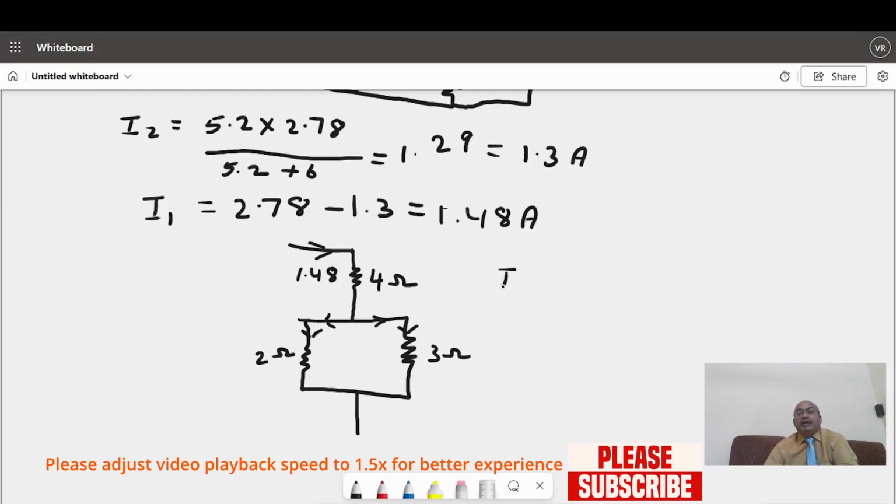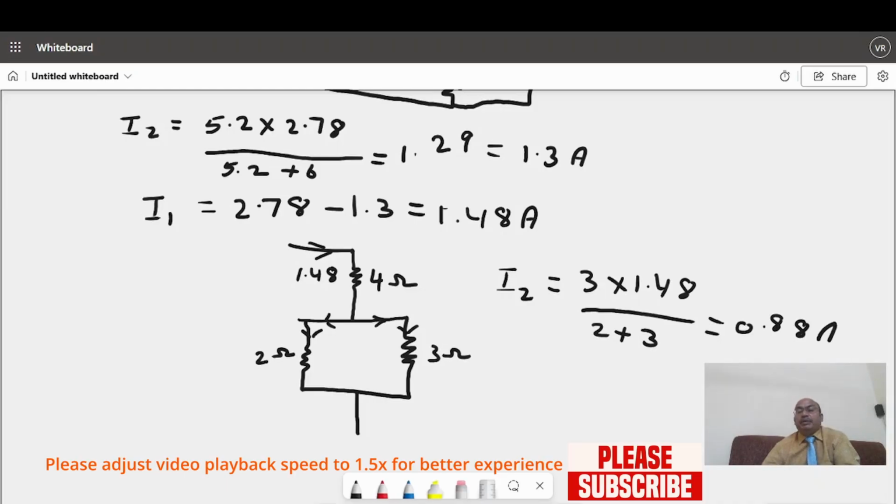So the current flowing in I2 is equal to the opposite side, 3 into 1.48 divided by 2 plus 3, that is 5, 0.88 amperes. So I3, the current flowing in the 3 ohm, is equal to 1.48 minus 0.88, that is 0.6.